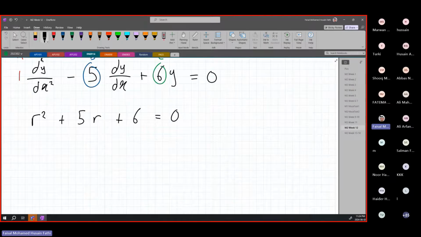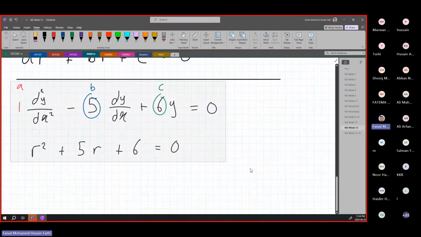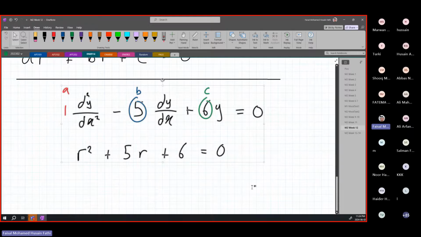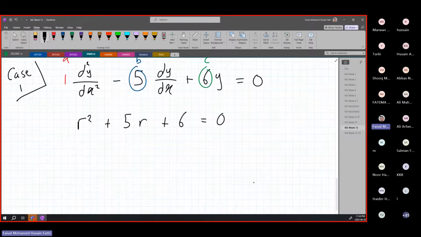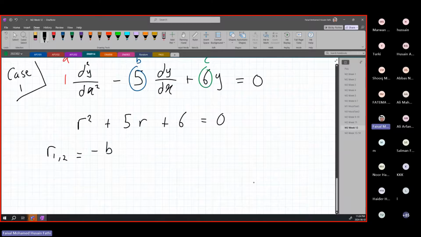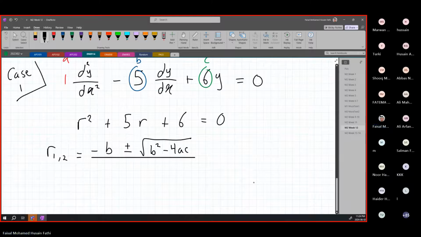Me, I personally prefer using quadratic, and I'm going to use it for the first few cases just to explain the concept of the cases that you might have. So this is for case 1. Okay? Case 1 is when we find our b squared, if you remember the quadratic equation, so r1,2 is going to be equal to minus b plus or minus the square root of b squared minus 4ac over 2a. All right? If you remember this equation.